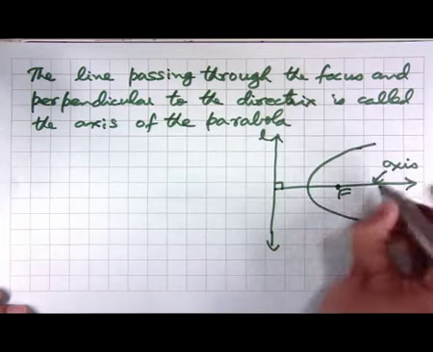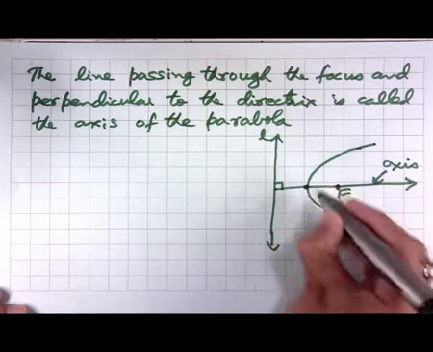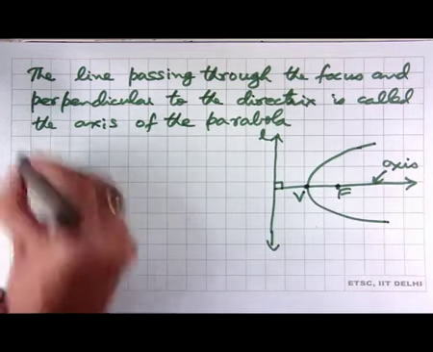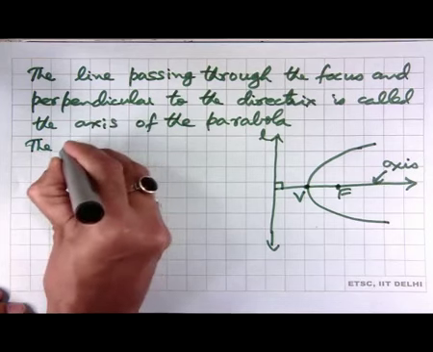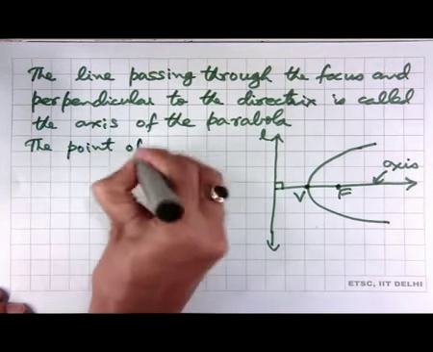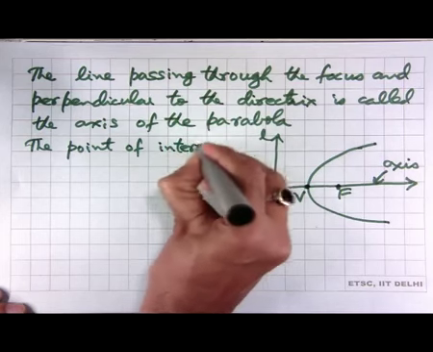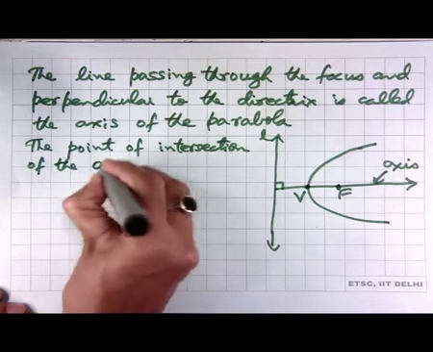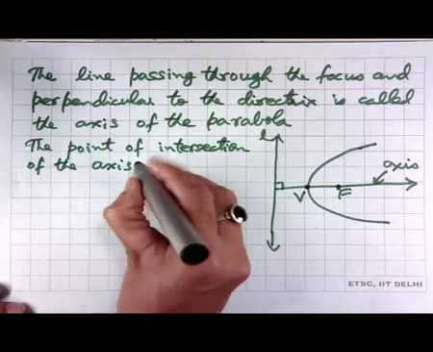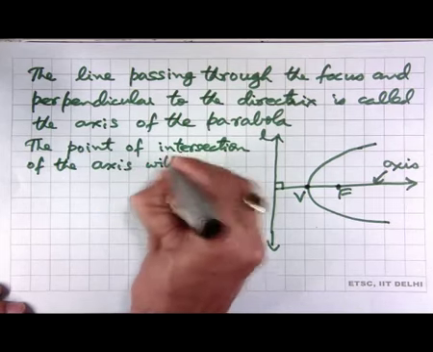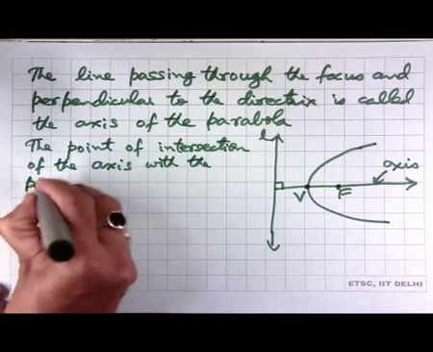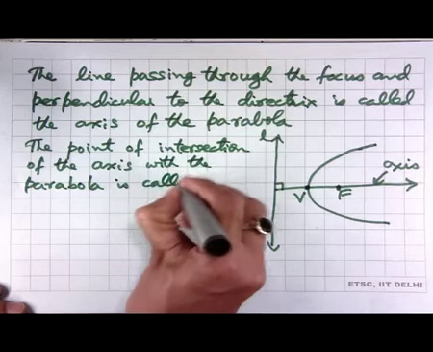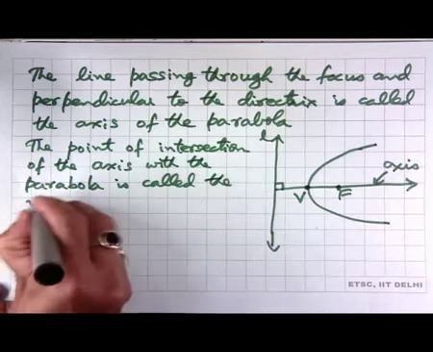Now, this axis will intersect the parabola at some point which is called the vertex of the parabola. So, the point of intersection of the axis with the parabola is called the vertex of the parabola.